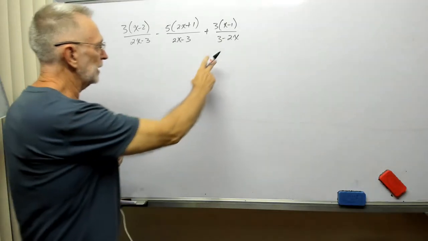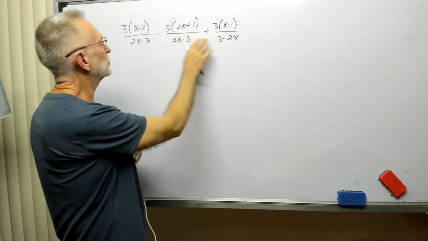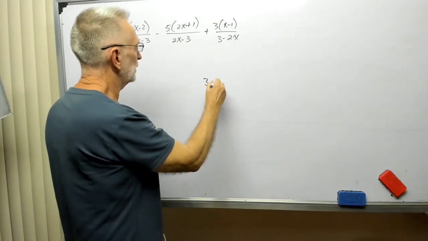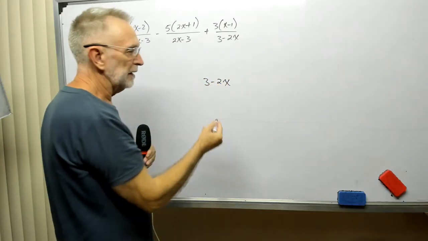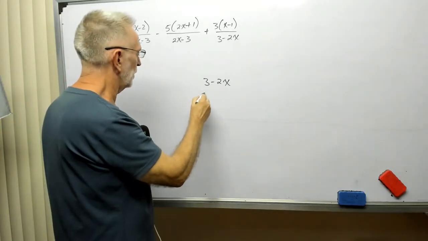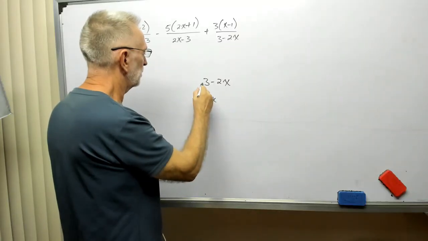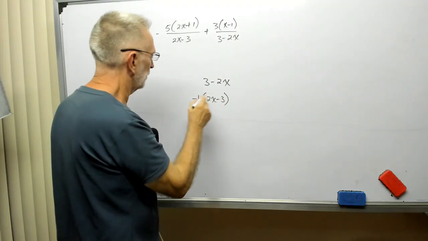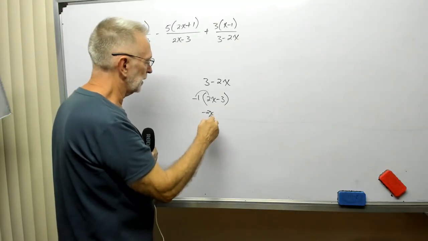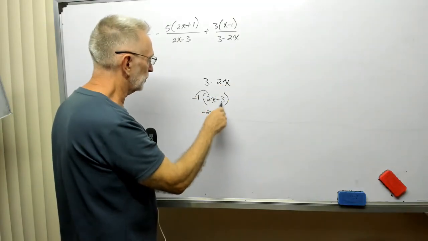One thing that jumps out at me when I look at it, I have 2x minus 3, 2x minus 3, well then I have this crazy looking thing, 3 minus 2x. If I factor a negative 1 out of that, negative 1 times 2x, that's a positive, which becomes now a negative. Let me work this inside. So negative 1 times 2x is negative 2x. Negative 1 times negative is a positive 3.